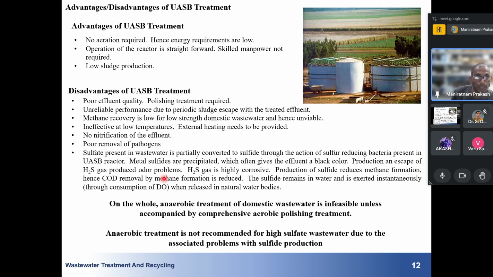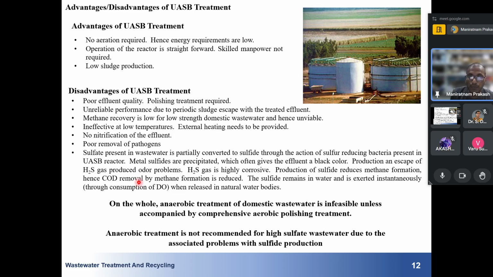And you know that H2S has a very pungent smell of rotten egg, which is very famous. H2S is also highly corrosive. Another problem is that the production of sulfide reduces methane formation.